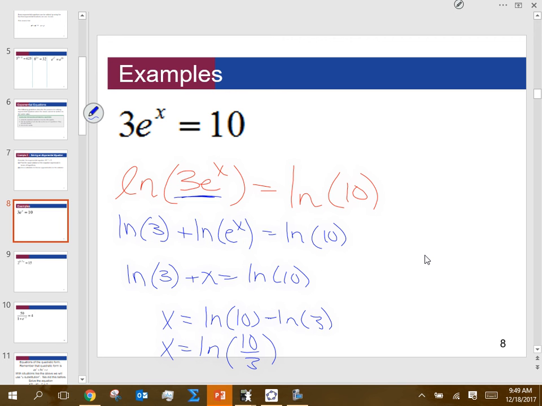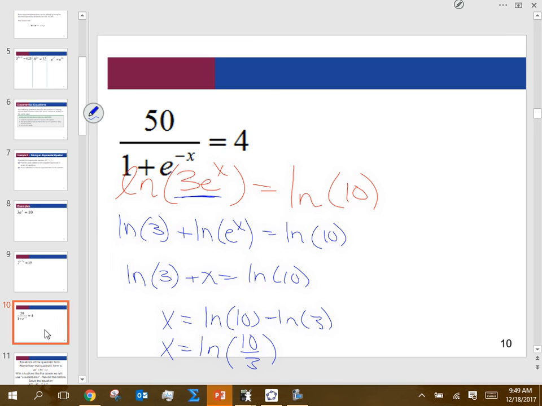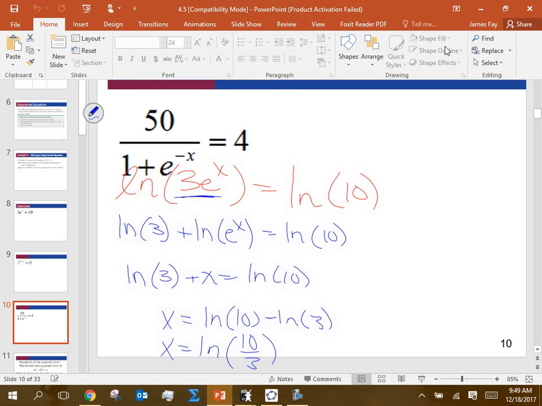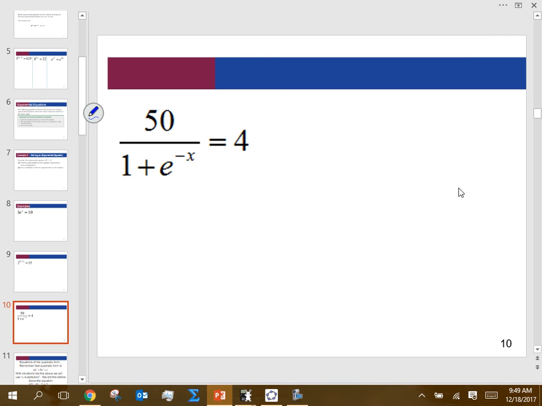Now, if we had something like this one, just because there are so many more operations occurring here, I think if we do the same approach with this one, we run into a roadblock and get stuck and can't progress any further. So this one, it makes sense to do all that algebra prior to taking logarithms.